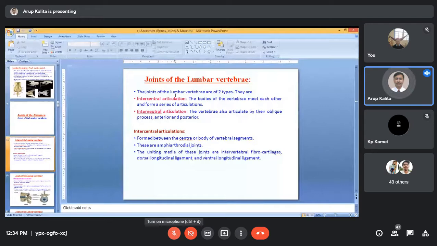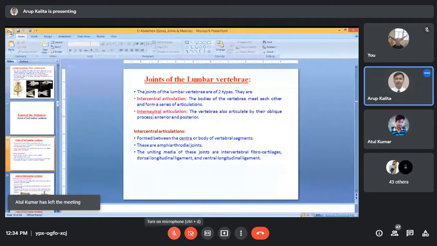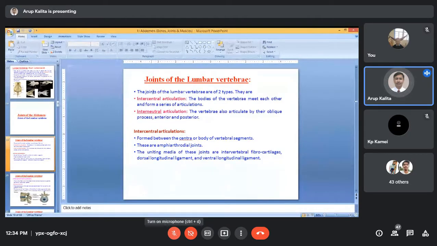You might know these things because they were already taught in the joints of the thoracic vertebrae. There are two types of joint: one is intercentral, one is interneural. The intercentral is found in between the bodies of the vertebrae, and the interneural articulation you will get in between the processes of the vertebrae.